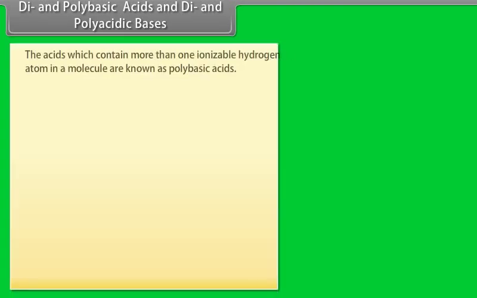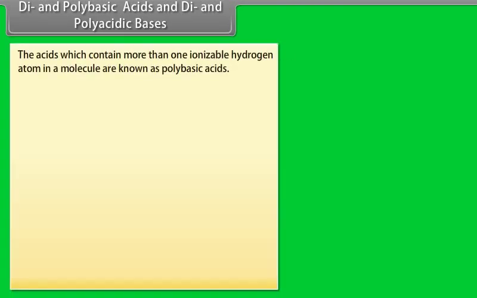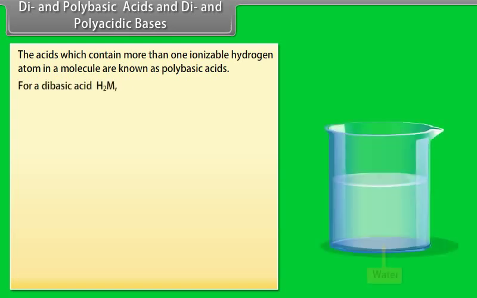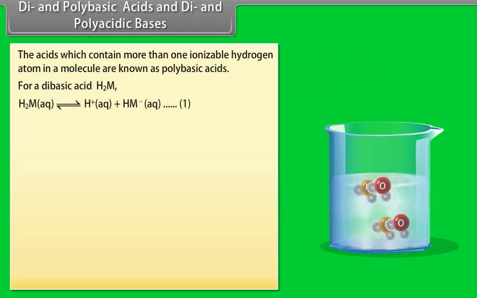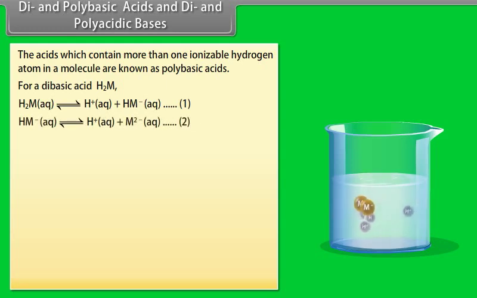Di- and polybasic acids and di- and polyacidic bases. The acids which contain more than one ionizable hydrogen atom in a molecule are known as polybasic acids. For a dibasic acid, H2M, name it as reaction 1 and name it as reaction 2.